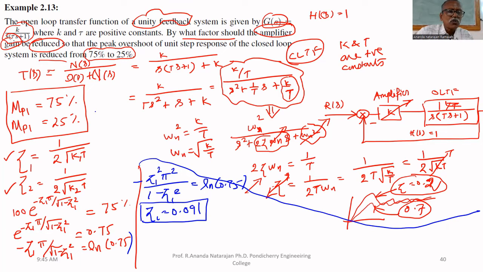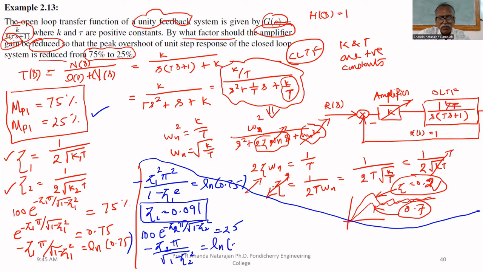For zeta 2, the overshoot is 25%. Therefore, we substitute 25% equal to 100 e power minus zeta 2 pi upon square root of 1 minus zeta 2 square. Or we can say minus zeta 2 pi upon square root of 1 minus zeta 2 square equal to ln of 0.25.